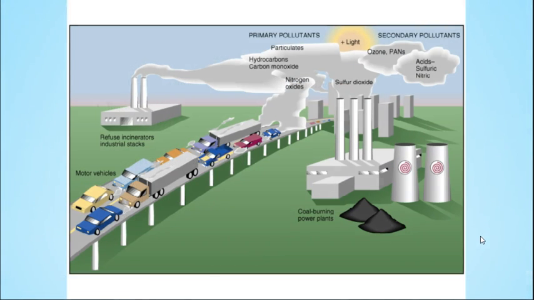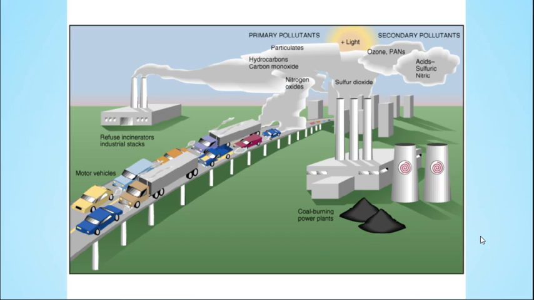Okay, so what are we talking about when we talk about air pollution in terms of the actual chemistry, right? Well, first of all, there are primary pollutants and there are secondary pollutants, and we're going to define both of those in just a minute. But all of this stuff is anthropogenic. It's coming from things that we're doing, whether it is industrial stacks or incinerators or vehicles, right?